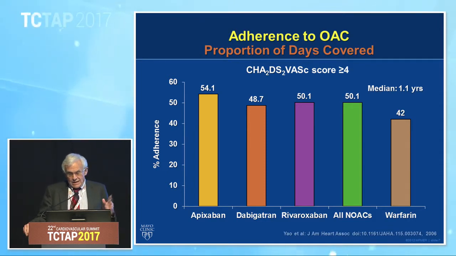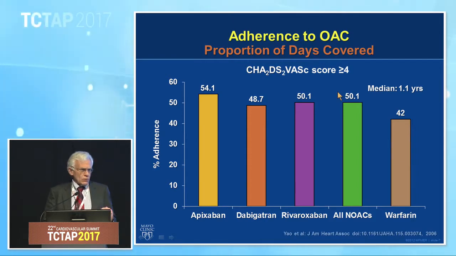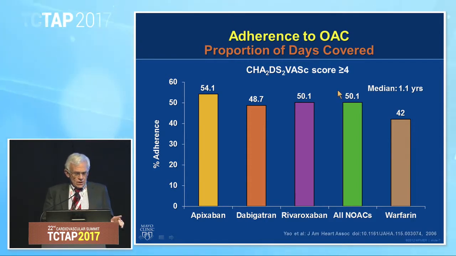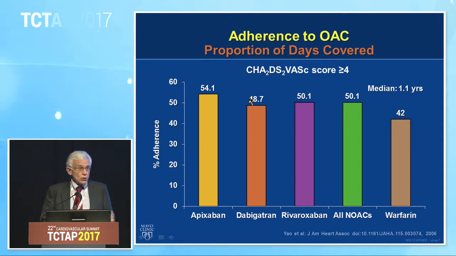They looked at a median of 1 year. So you saw the patient and said, I've got a new drug that's going to be great for you. At the end of a year, among those patients in whom you had written a prescription for apixaban, about 50% were on apixaban. The rest had said, no thanks.